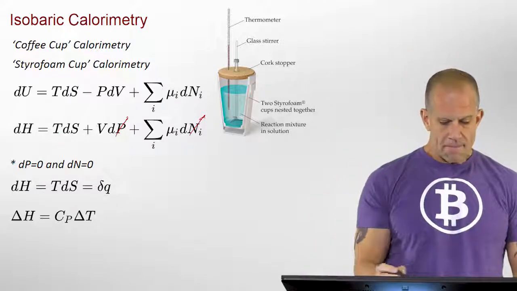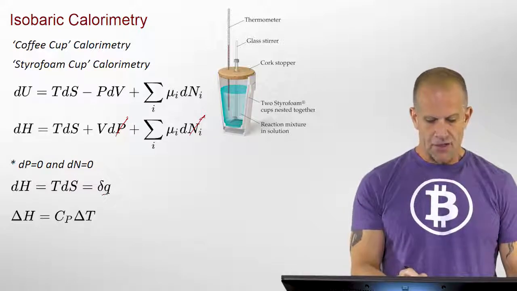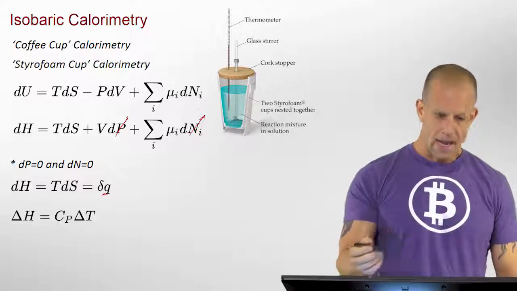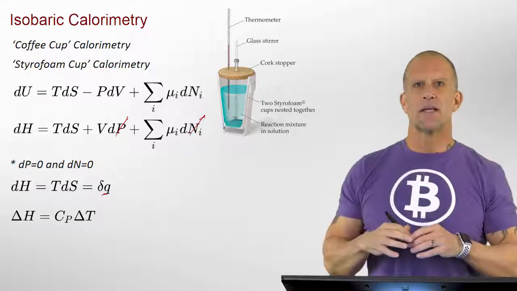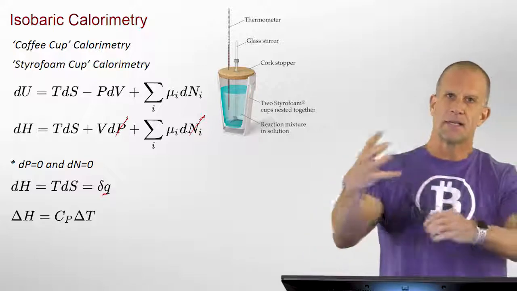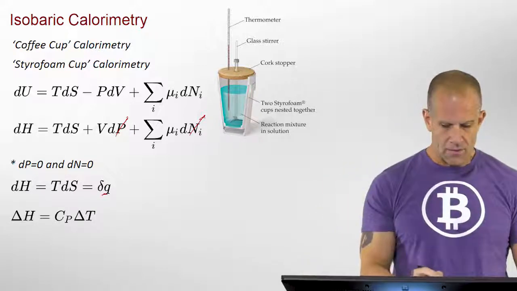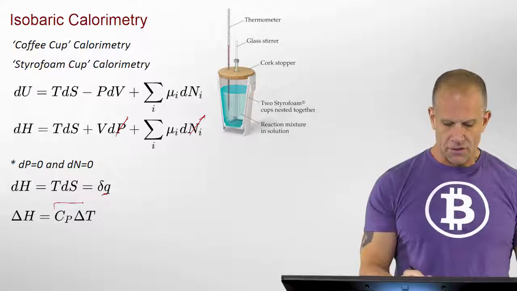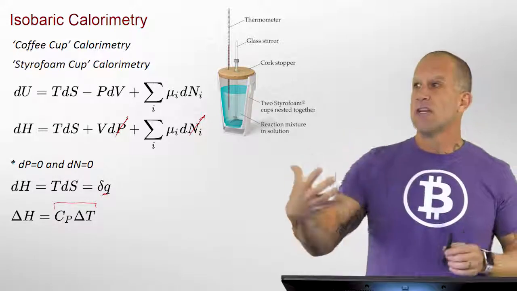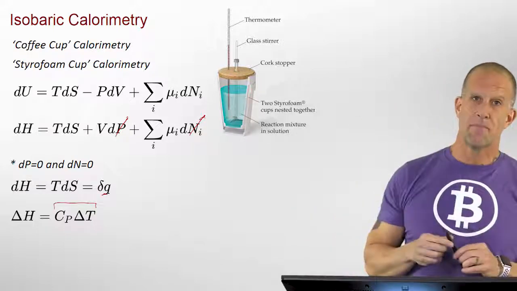And so really, the change in enthalpy is related to the change in heat. And we usually assume that over the temperature range we're looking at, the heat capacity is constant, et cetera. So really the enthalpy is just directly proportional to the heat capacity and the change in temperature, which we experimentally measure.